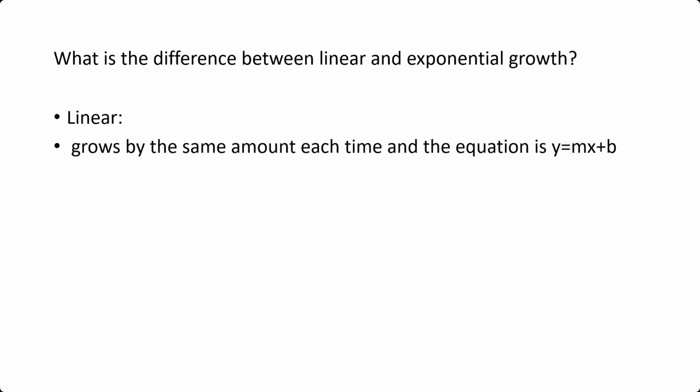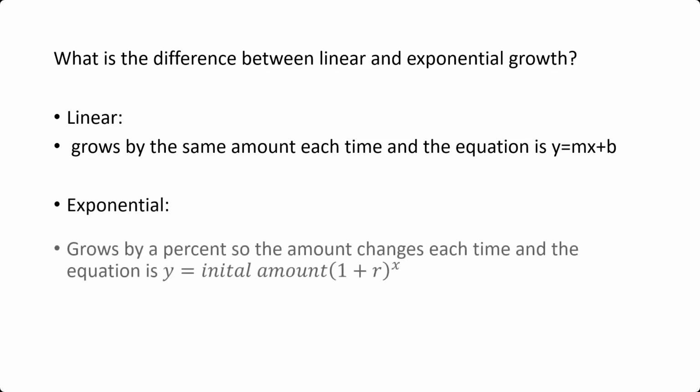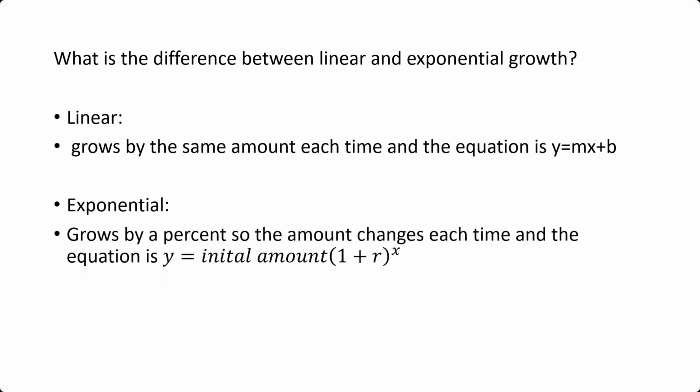So it was linear. Exponential usually grows by a percent, like 1%, because it's compounding. So the amount changes each time, and the equation is y equals the initial amount times (1 plus r) to the x, and x is time.